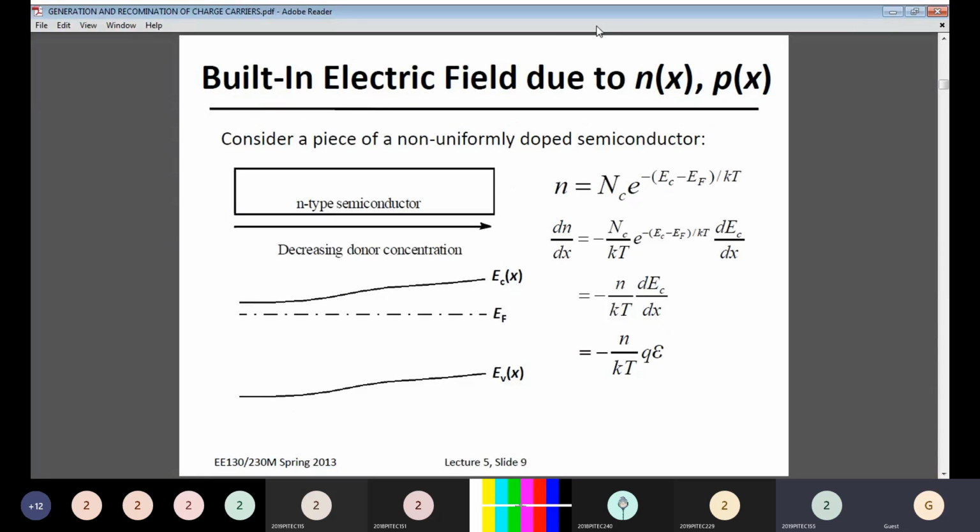Next, the built-in electric field due to N of x and P of x. Consider a piece of non-uniformly doped semiconductor. So this is the N-type semiconductor. It's non-uniformly doped.